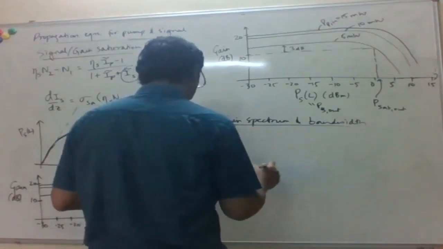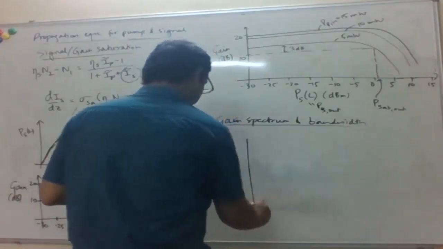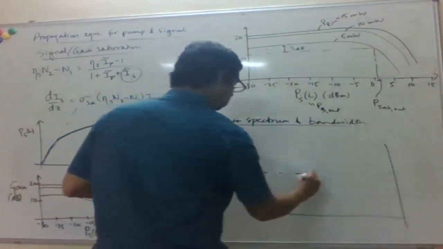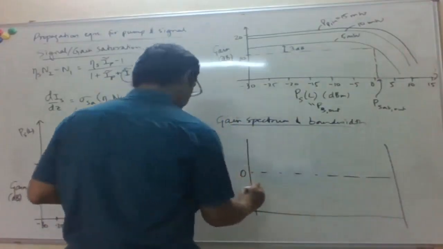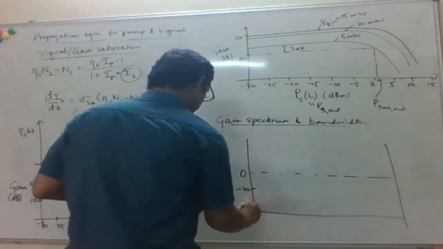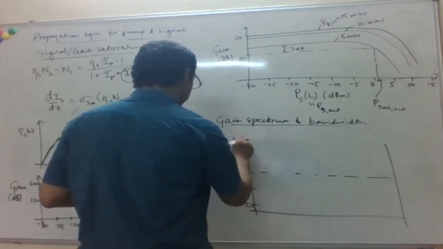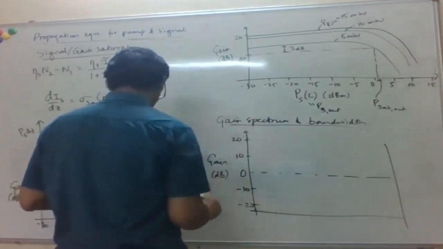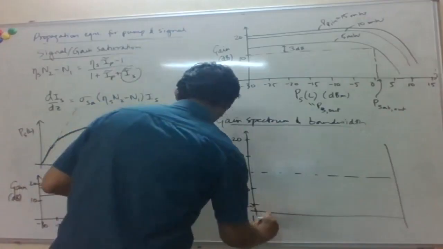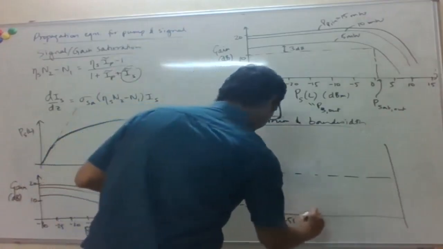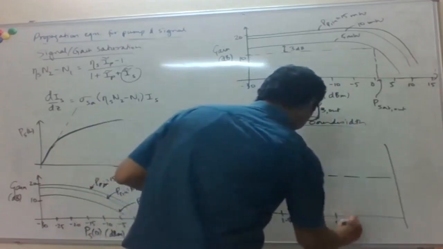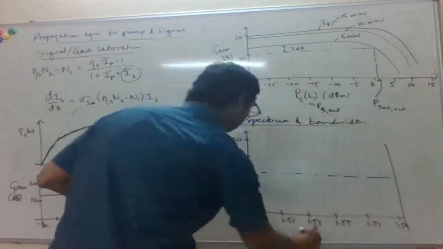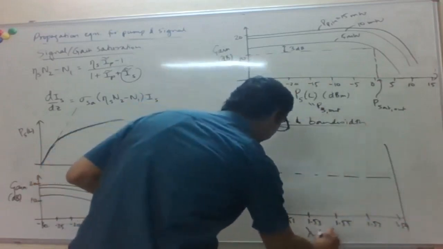So if you plot the gain as a function of wavelength, the x-axis is the signal wavelength in micron.